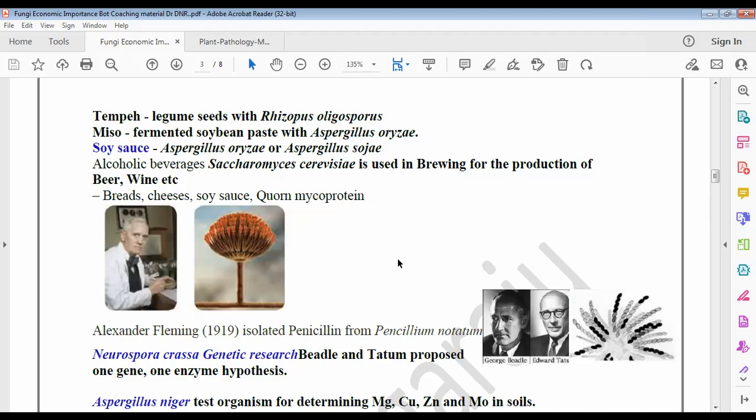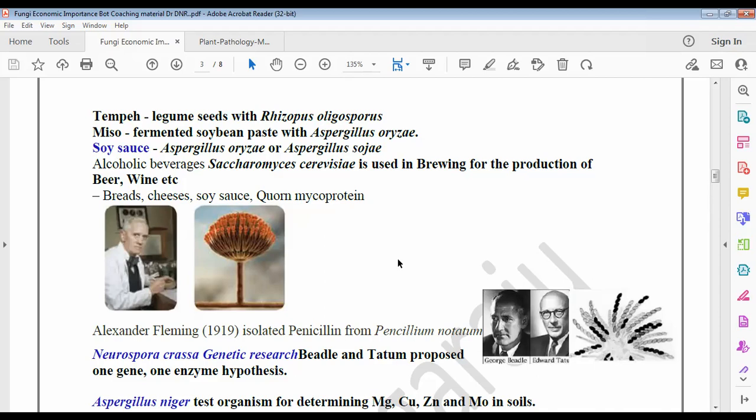You know Aspergillus is the laboratory weed. Which among them is the laboratory weed? That question is raised many times. But Fleming's laboratory was totally occupied by Penicillium, the blue mold. That led to the discovery of the wonder drug penicillin.